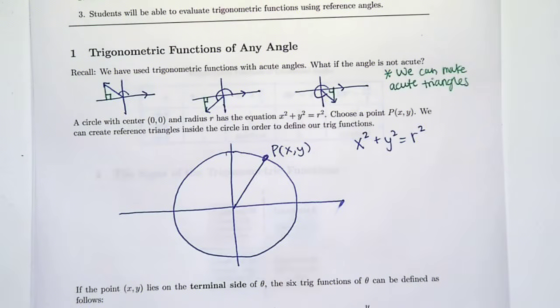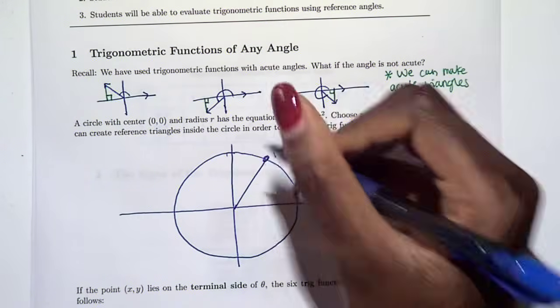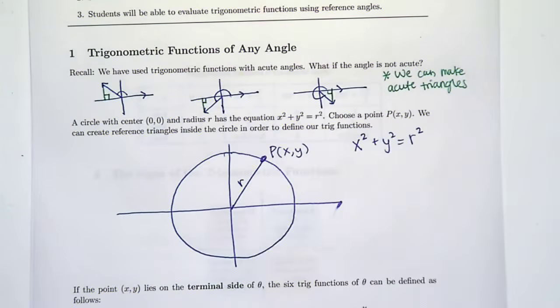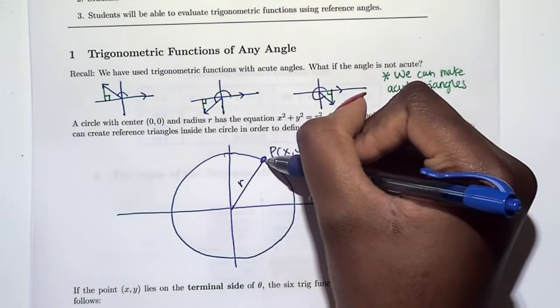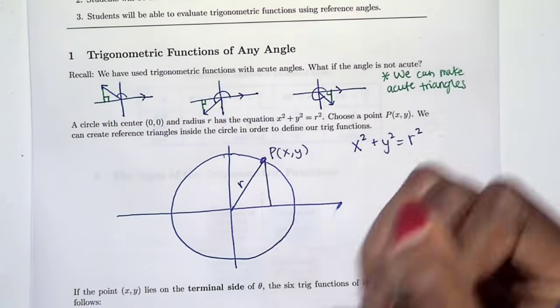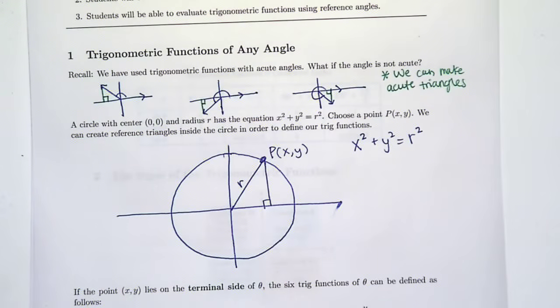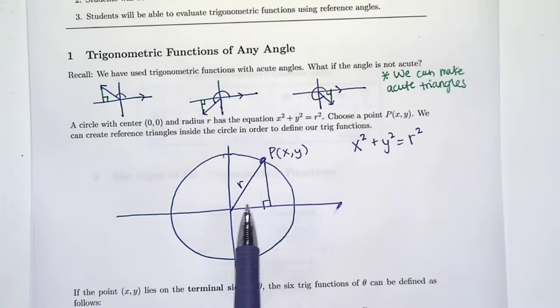So I can create a line going to the middle, which represents our radius. I can draw a line straight down to the x-axis, and that gives me a right triangle that is inside of our circle.